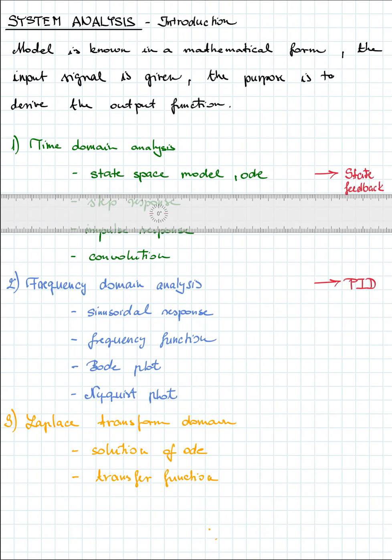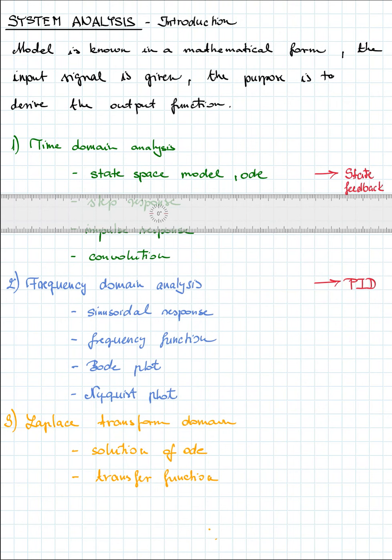My good news is that we are not going to solve any ordinary differential equation by time domain analysis techniques because it's a little bit tedious, but there is another way, a simpler way for us, and it is based on the Laplace transform domain. So we will have a tool to solve ODEs in a very easy way.